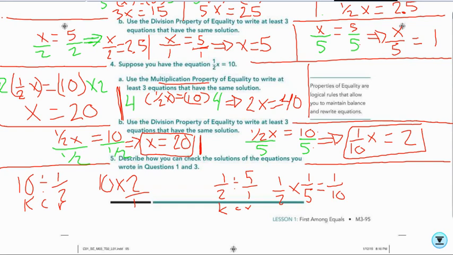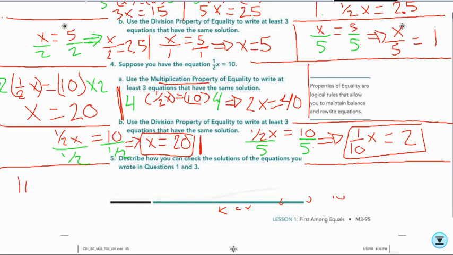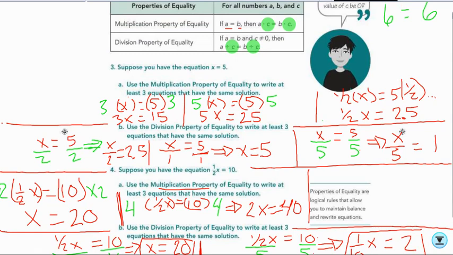Next, question 5 says describe how you can check your solution to equations in question number 1 and question number 3. So question number 1 and 3 just gave us x equals 5 directly.